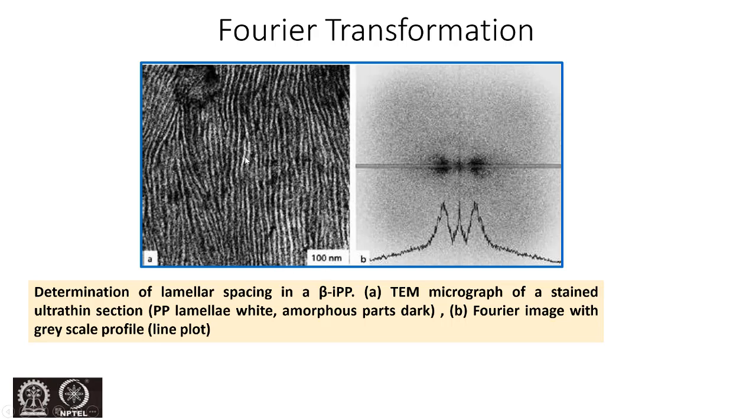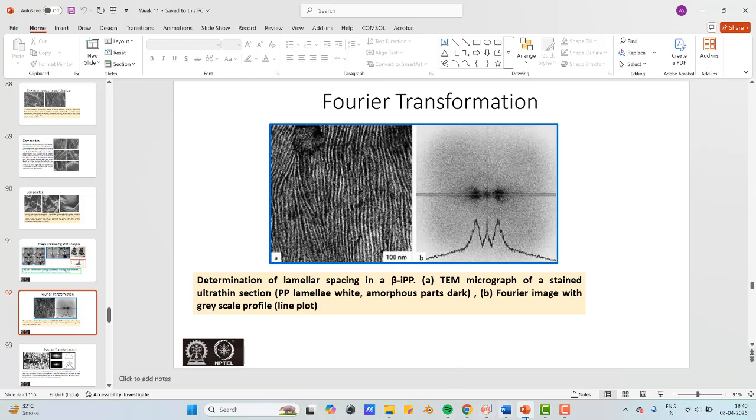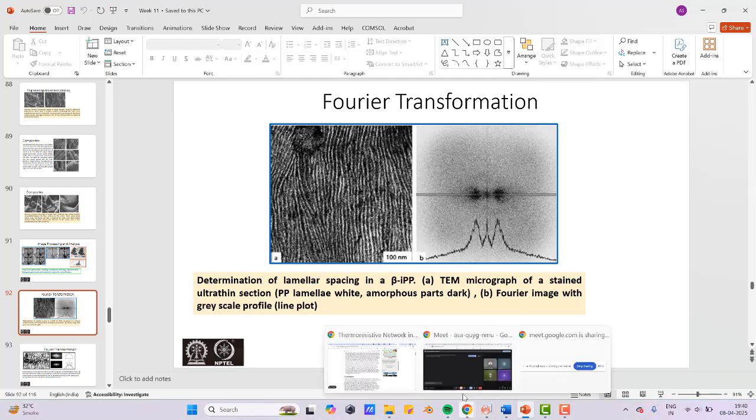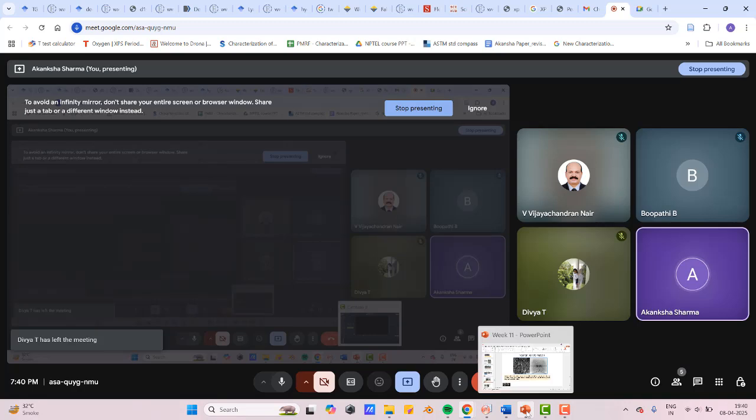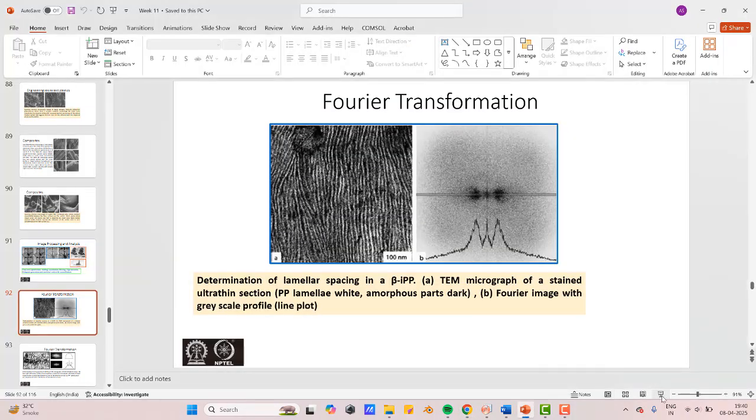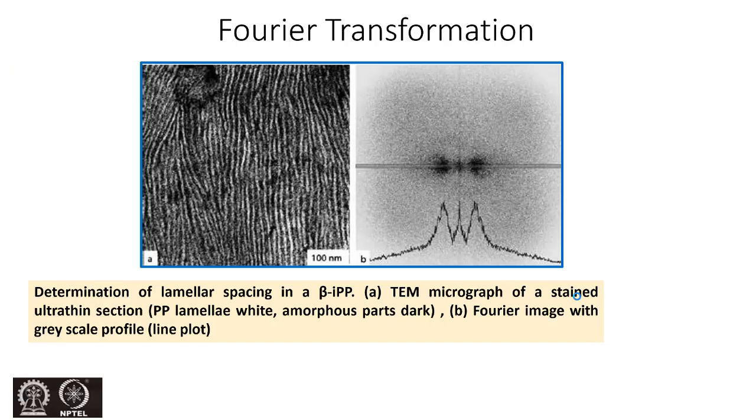From here we are not able to get it, because the resolution is very high, the size is very small, so we will not be able to resolve it at that position. That's why we use this Fourier transform mechanism. We completely transform the image into the Fourier transform, and after that we are able to get the distance or the spacing between the two lines or the two planes.